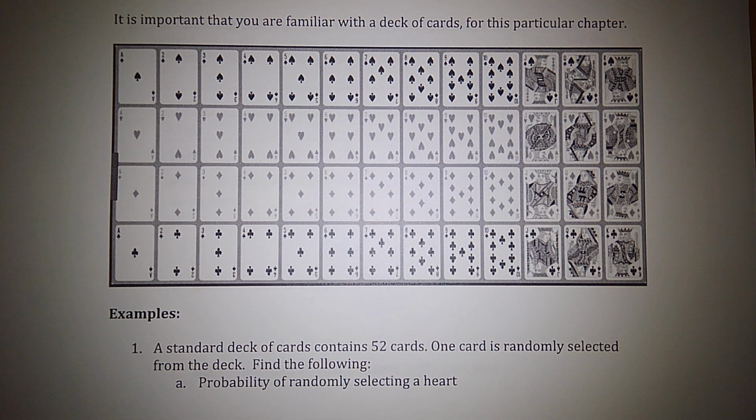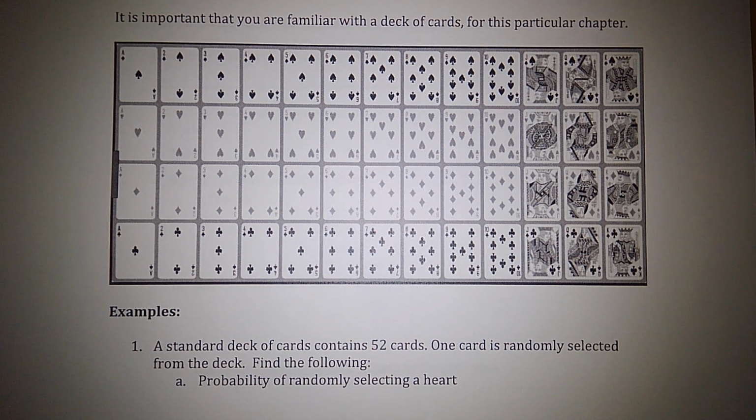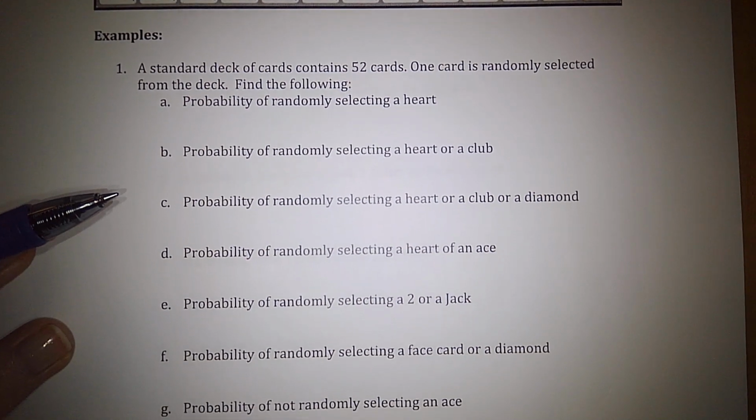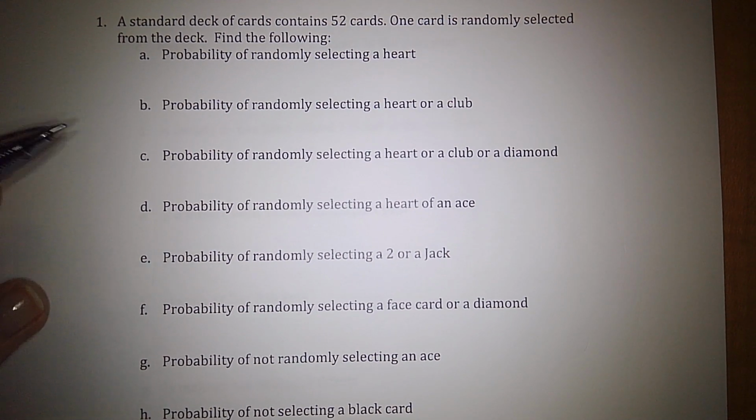So let's ask ourselves some probability questions based on the deck of cards. A standard deck has 52 cards, and we're going to randomly select one from the deck. Find the following probabilities. First, find the probability of randomly selecting a heart.